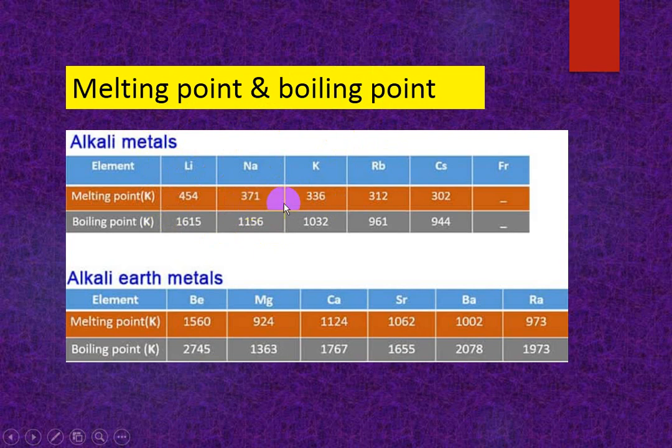Group 1 metals: lithium, sodium, potassium, rubidium, cesium. Melting point changes from lithium, sodium, potassium, rubidium, cesium, and boiling point also changes in the group.